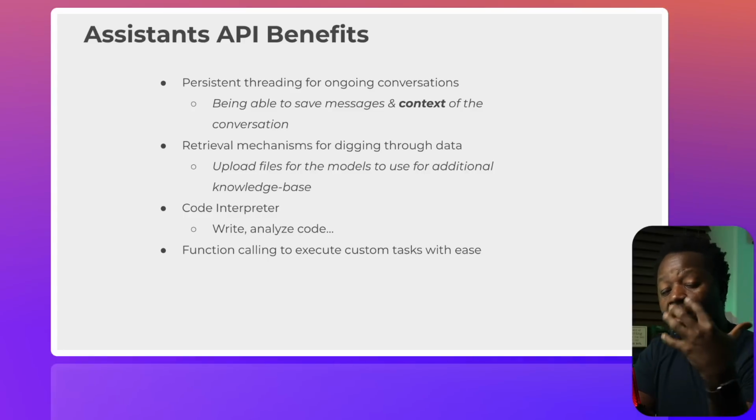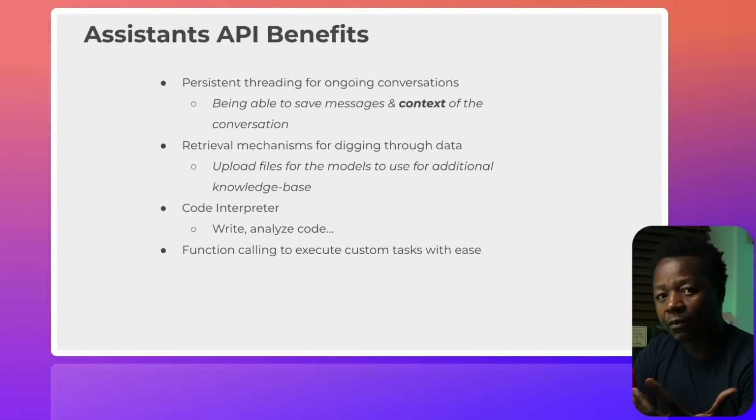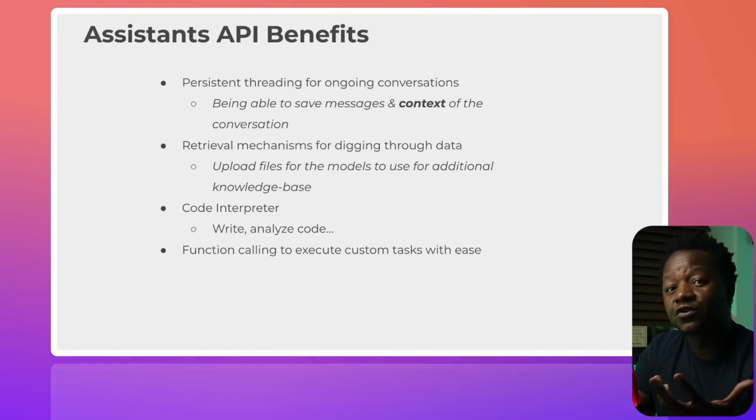What that means is that when our assistant is solving a problem, we ask a question, the assistant will be able to call a function that we specify that will be used as a tool to go and fetch certain data that the large language model needs to solve a certain problem.